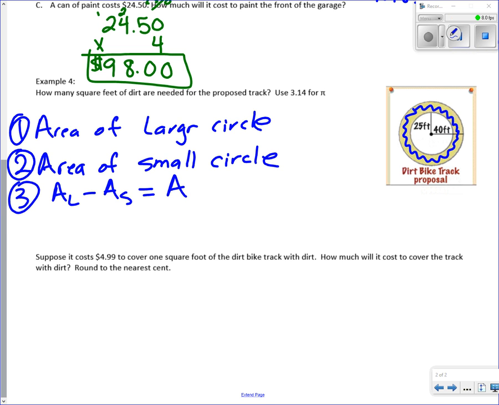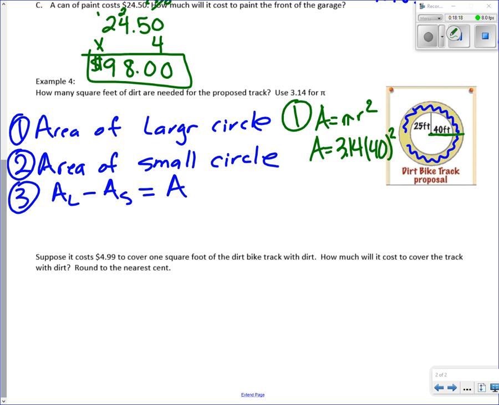Okay, so step 1, area of our large circle. I'm going to come over here and do step 1. That radius is 40 feet. So I have area equals pi r squared, 3.14 times our radius of 40, oops, not 4, 40, squared.